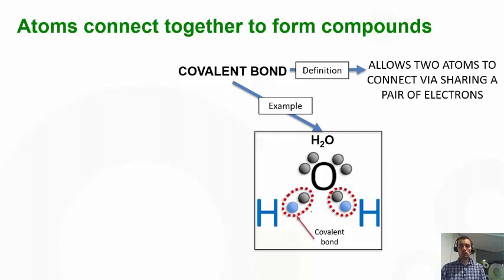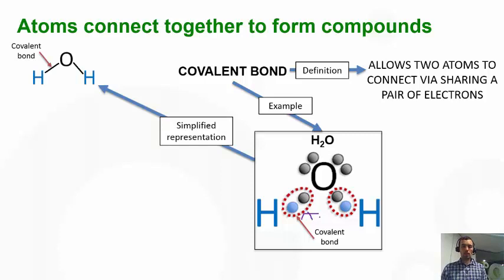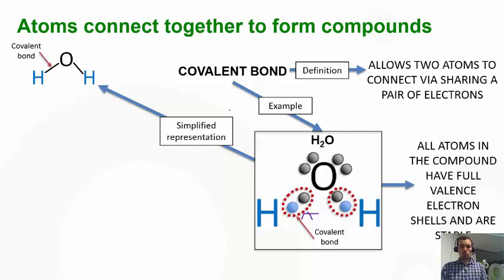So each of these electron pairs in the red circle is actually a covalent bond. But a simpler representation that we're going to see more often is where we have lines between the atoms representing that electron sharing relationship, which is the covalent bond. So the magic of this covalent bonding is that the atoms will actually form the right number of bonds to allow them to have full valence electron shells, and that makes the compounds very stable.